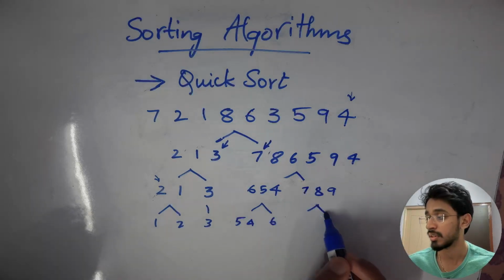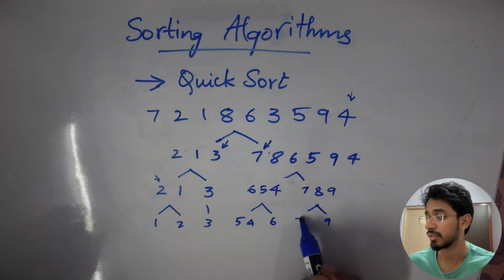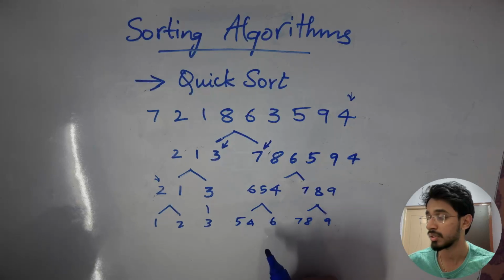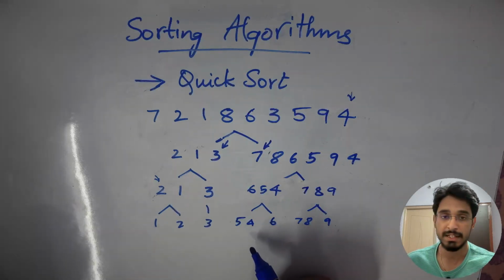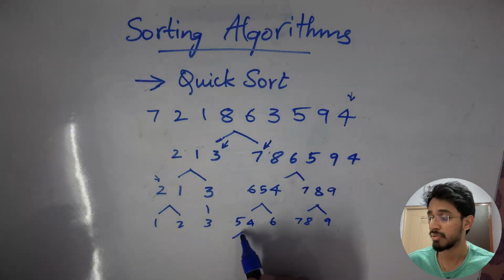Over here let's consider 9 this time. So 9 comes to the right, and 8 should come to the left along with 7. So 7, 8. You see that we still need to keep on doing this until we have one single element. Here we have two elements, here we have two elements, and again we need to split them out.